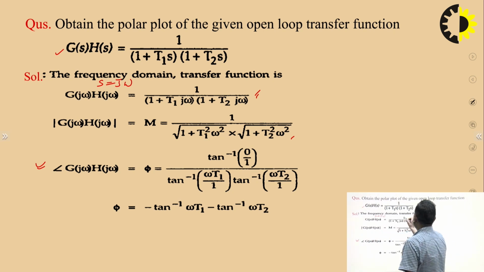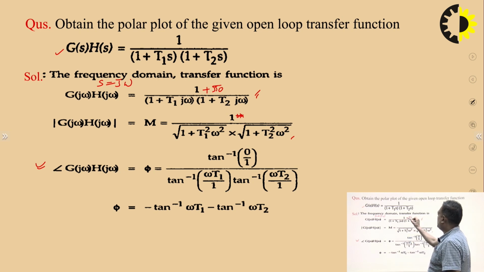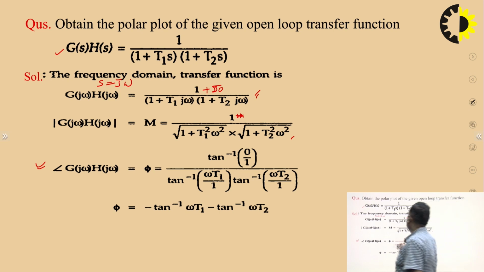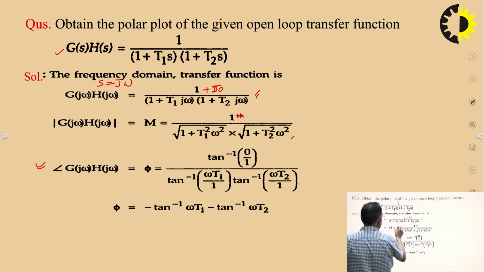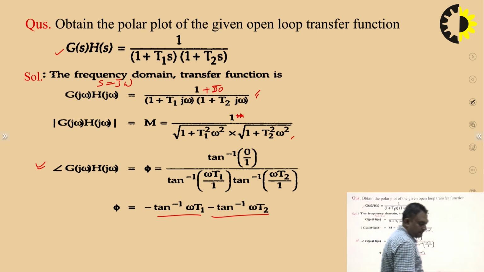Here the angle becomes tan inverse 0 by 1, here tan inverse ωT1 by 1, and here tan inverse ωT2 by 1. Tan inverse 0 becomes 0 degrees, so φ becomes 0 degrees minus tan inverse ωT1 minus tan inverse ωT2. This is the phase angle φ.